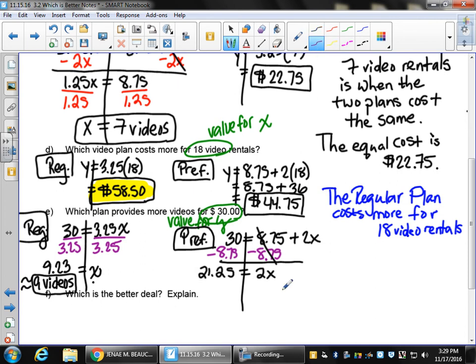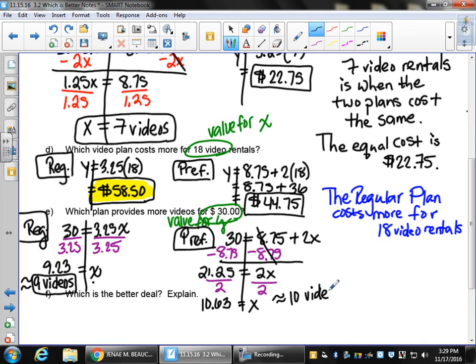Now we can divide by 2. 21.25 divided by 2 is 10.625. X equals 10.63, which is approximately 10 videos.